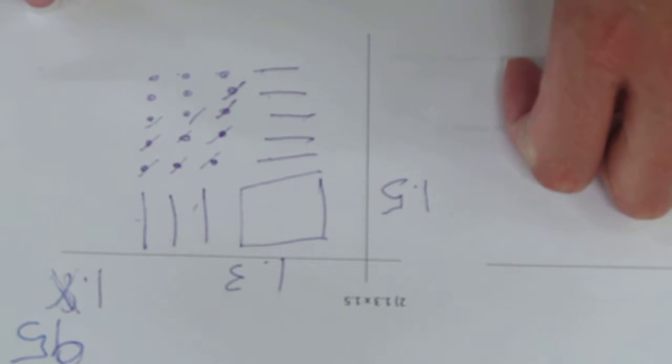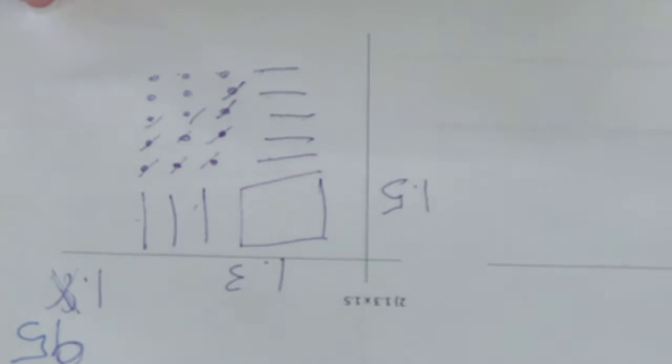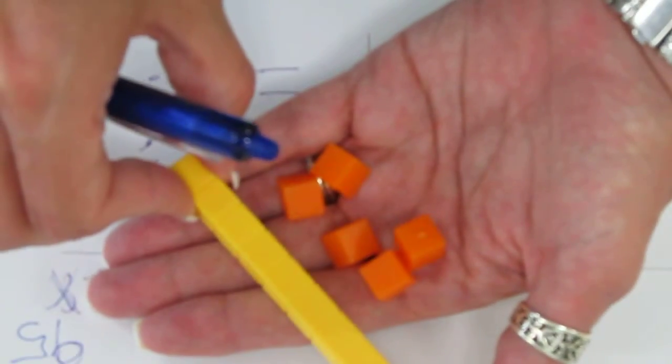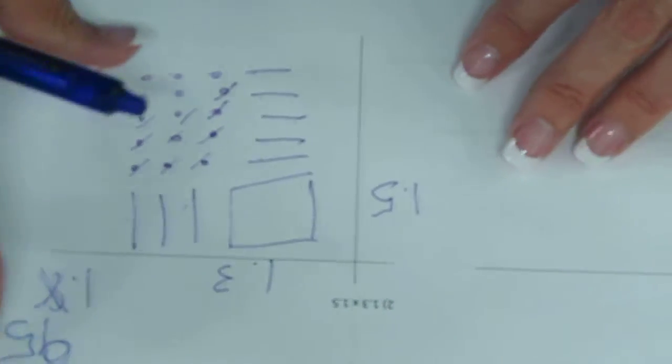Okay? And it's easier if they're doing this using the models so that they can actually put together some of these hundredths into a tenth. Put 10 of them together, line it up next to a tenth, and so that they can see that they're of equivalent values. Okay?